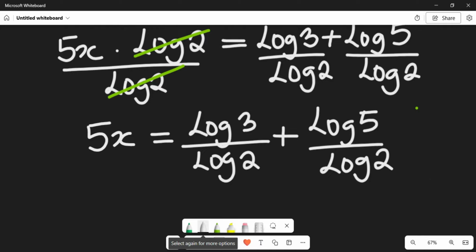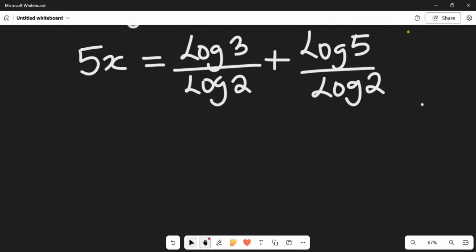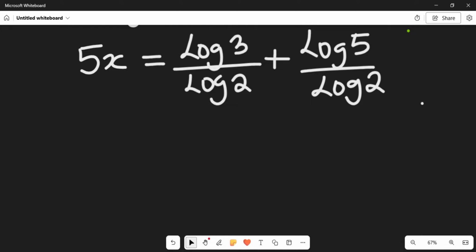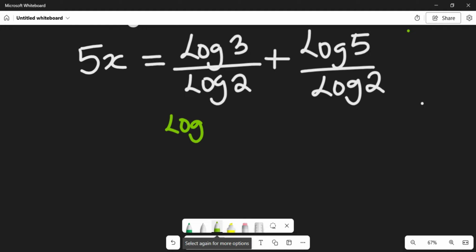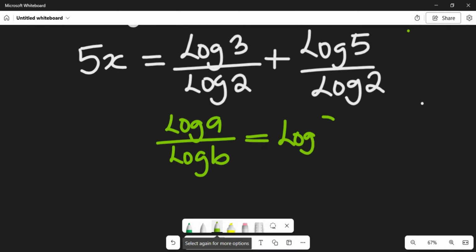Now this looks like a very large expression instead of reducing. Don't worry, we are going to reduce it. Now remember one simple law of logarithm. And what is that law? If I have the log of A divided by the log of B, this can be equal to the log of A base B, change of base.